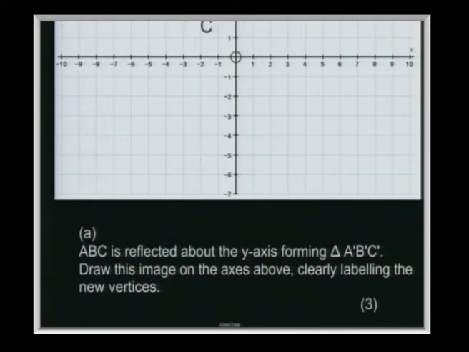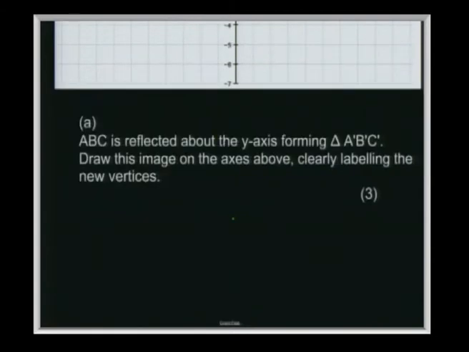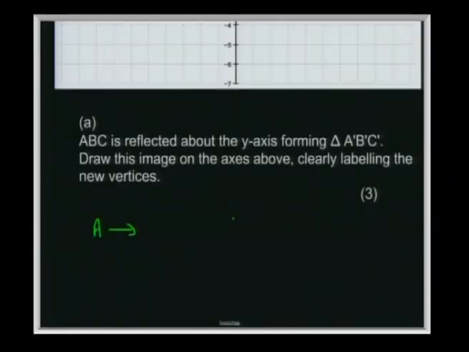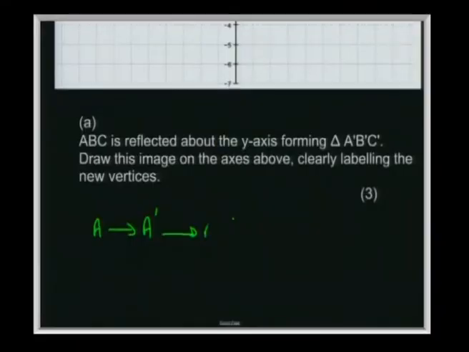Now, before I go any further, let's have a look at this notation. What is this thing of dashes? Well, if I have the point A and I want to transform it anyhow, it becomes A dash. That means it's had one transformation. If I take A dash and I transform it somehow, yes, it becomes A double dash.